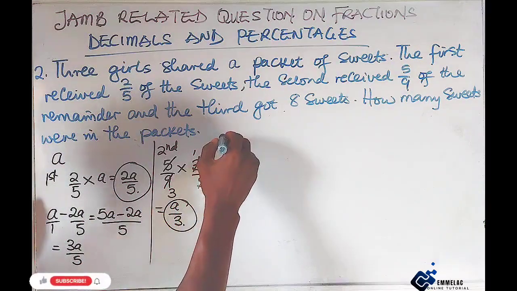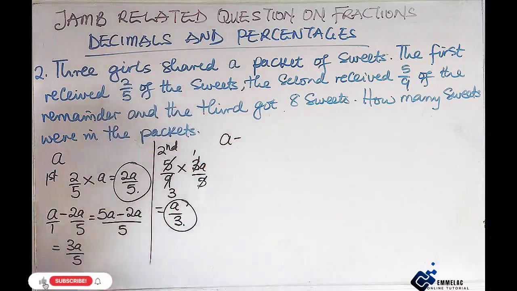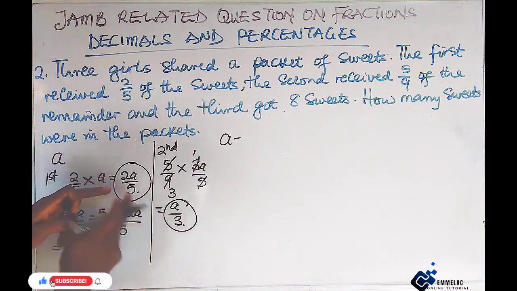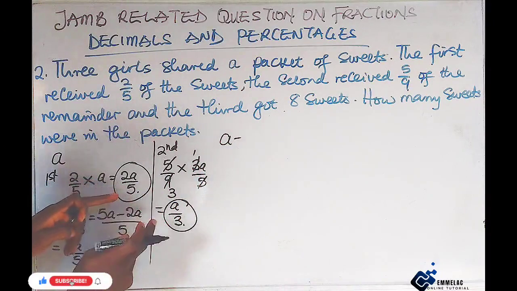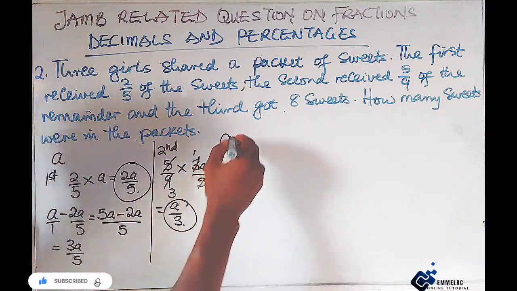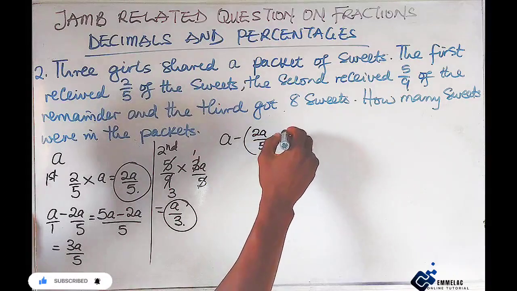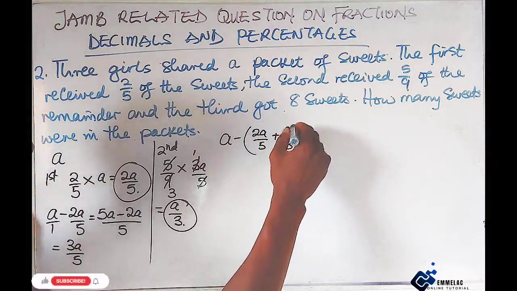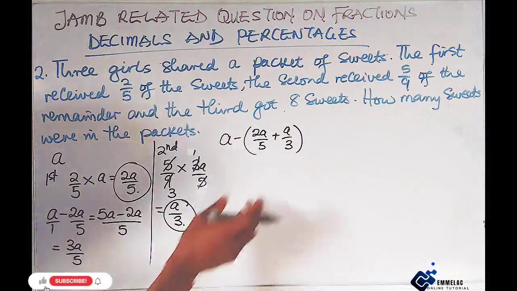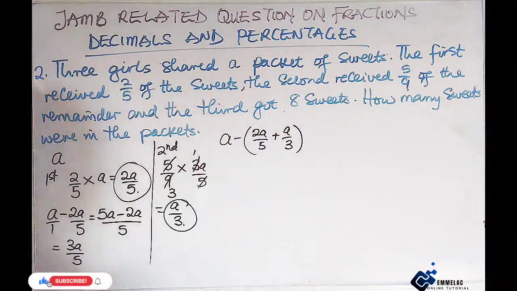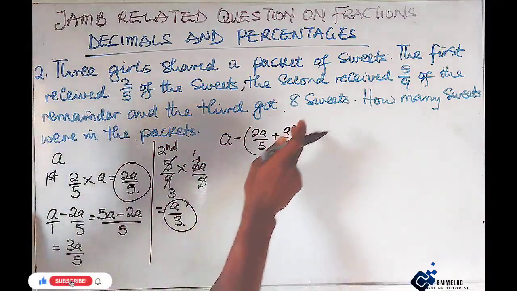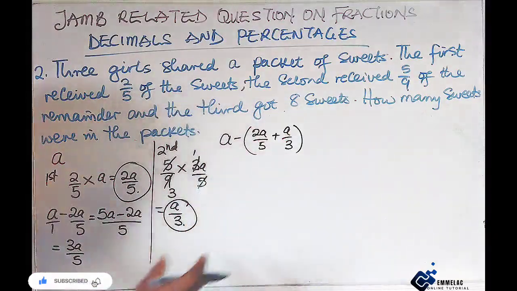Now let us subtract the total of the first and second girls from A, which gives us 2A over 5 plus A over 3. We are subtracting so that we know the remainder, and the other girl got 8 sweets.